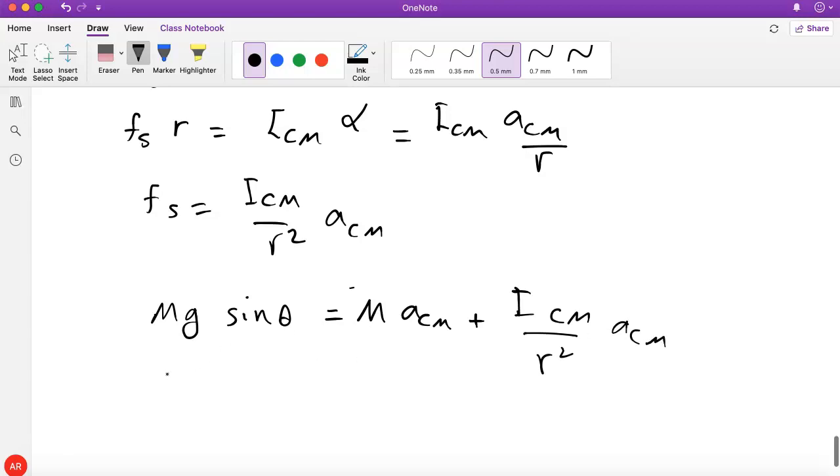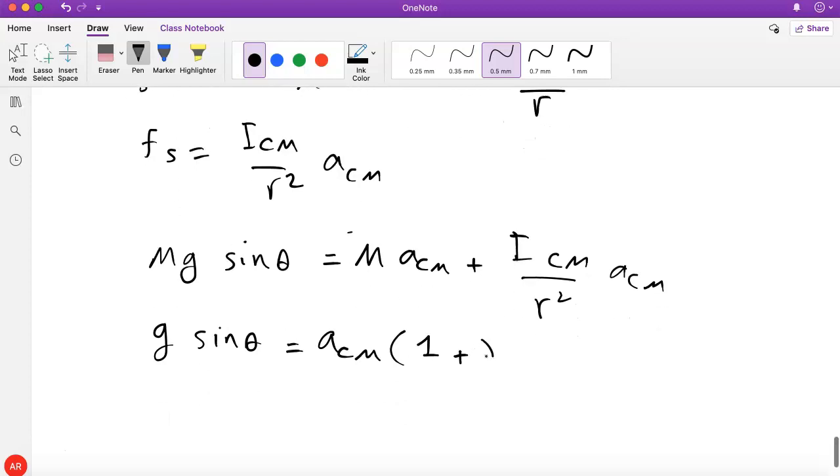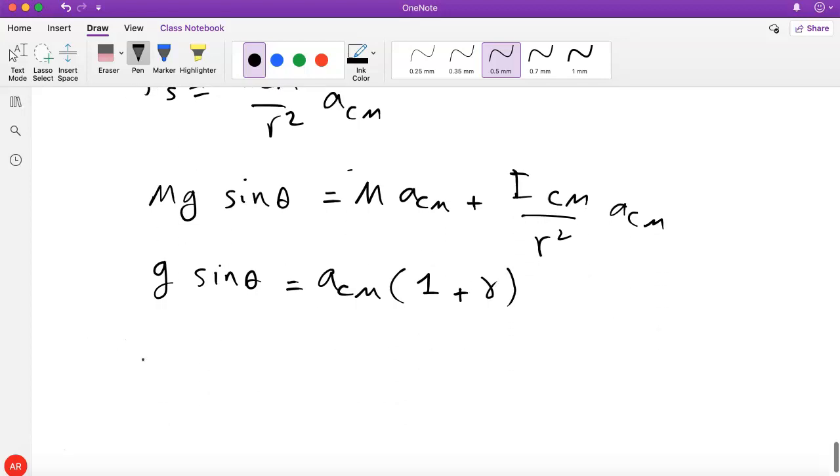If I divide this equation by m, I find g sine theta is ACM times 1 plus ICM over mr squared, which we call gamma. So I find the acceleration along the inclined plane to be g sine theta over 1 plus gamma, right?